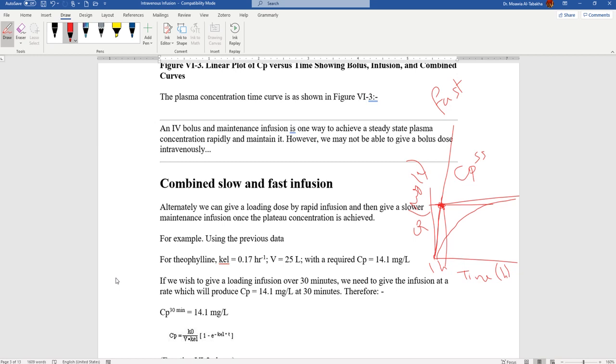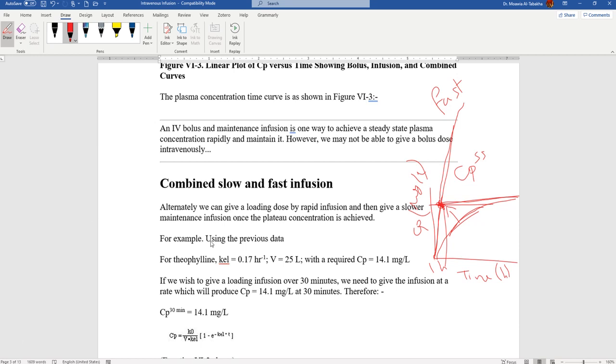Then if I don't do anything, you see what will happen? We're going to toxic concentration. That's why when I reach this point, I should continue with this slow infusion rate to maintain the concentration at steady state. This is what we will be doing.